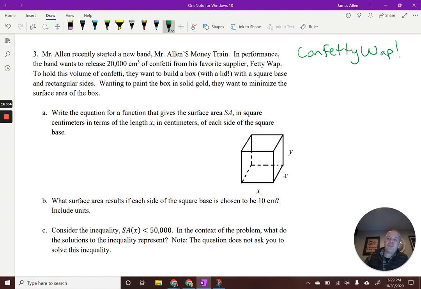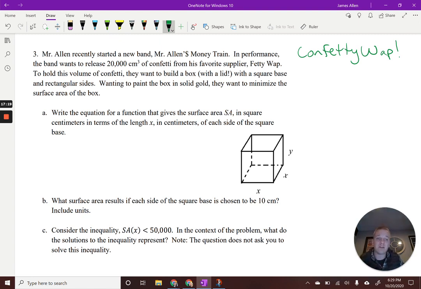It's good. All right. To hold this volume of confetti, they want to build a box with a lid this time. We don't want this stuff blowing all around. No more open top box. Sorry, G-Eazy. Can't be using your open top box that are so easy to open. With a square base and rectangular sides. Now, wanting to paint the box in solid gold, they want to minimize the surface area of the box.